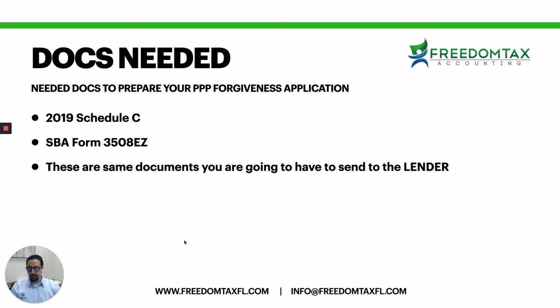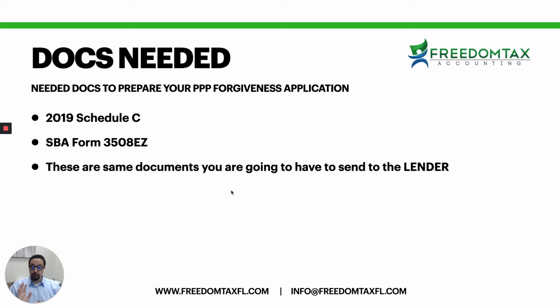Now, these are the documents that you're going to need in order to prepare your PPP forgiveness application. You're going to need a copy of your 2019 Schedule C, and you're going to need the SBA form 3508 EZ. It's important for you to have these handy because these are the same documents you're going to have to send to your lender or your bank.